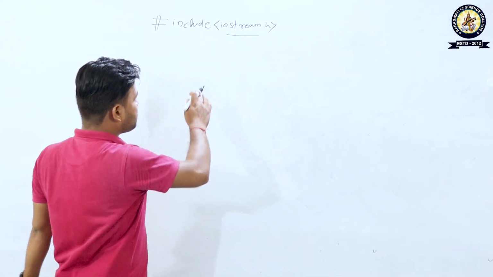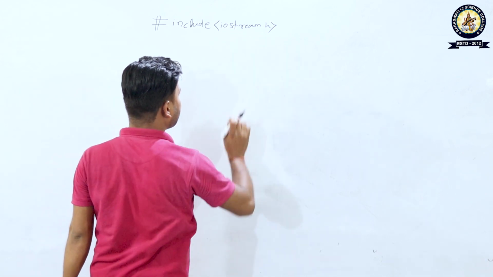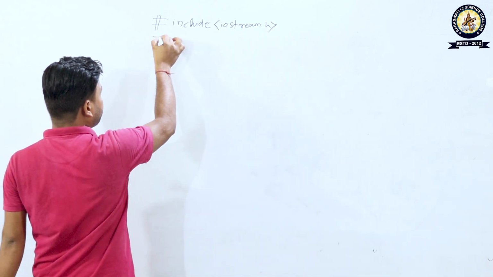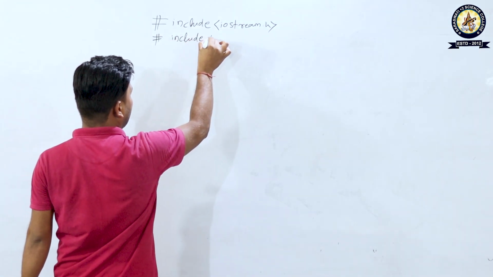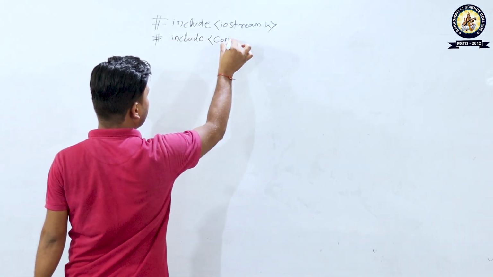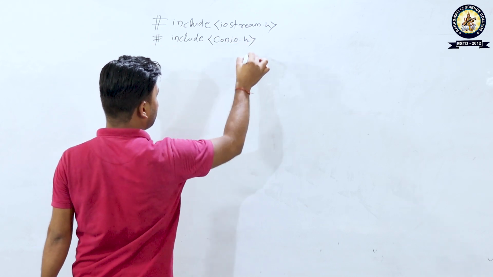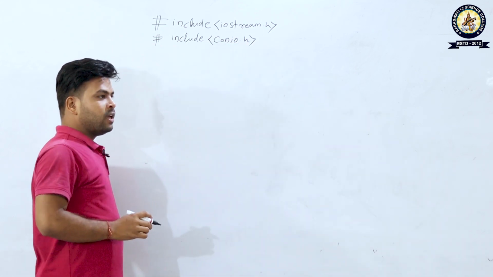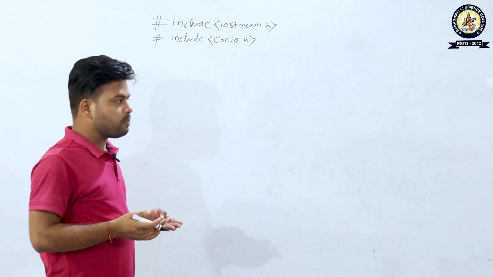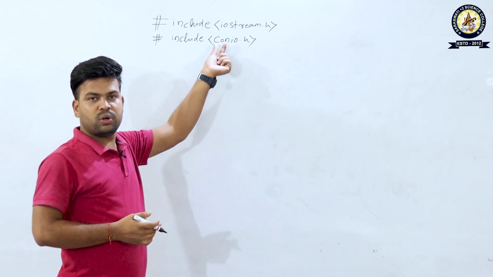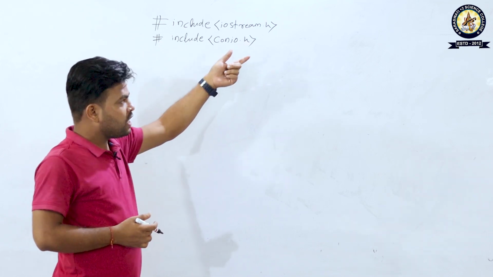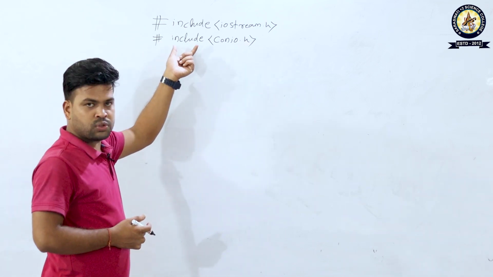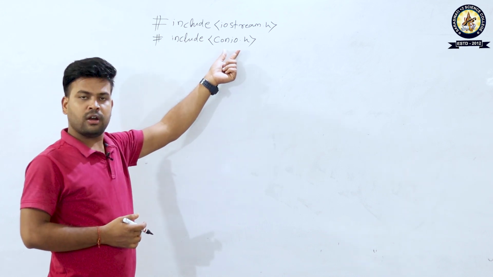Next, I will declare another header file, that is #include <conio.h>. This is known as console input output. There are also different functions present in the conio.h header file. This .h is the extension of the header file, and here #include is also used to load the header file.